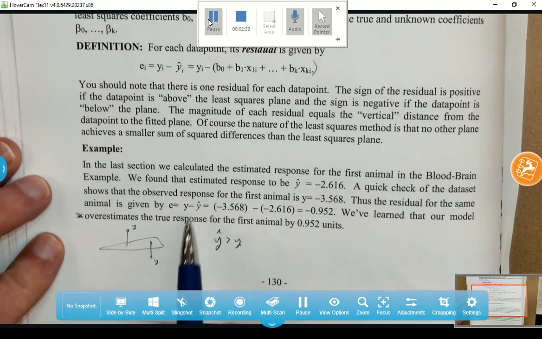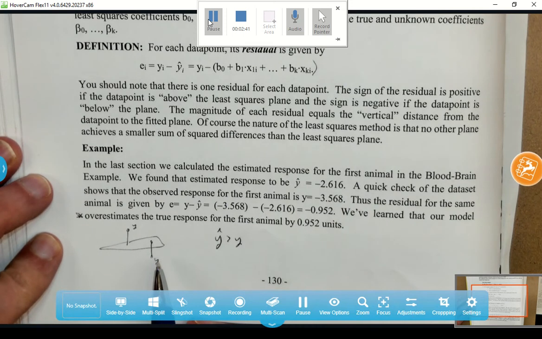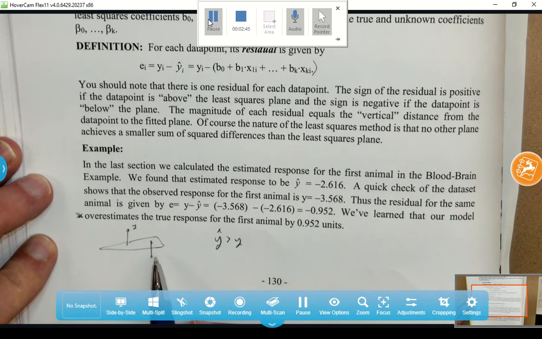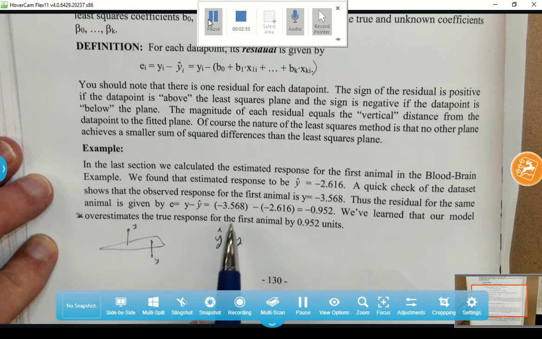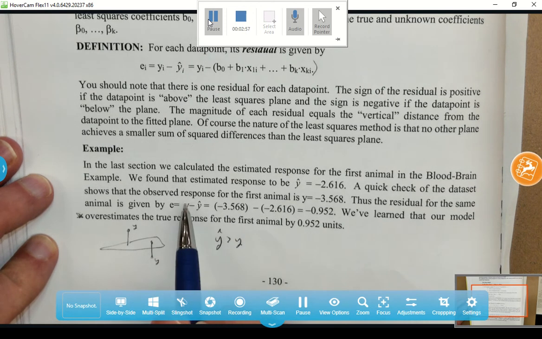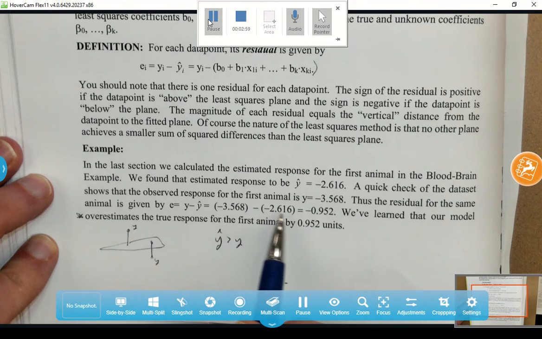If you take a look, here's my little plane. This little observed y is below the plane for y hat. So in this case, the model overestimates. Here my observed value is above, and so the model underestimates. When we take a look at this residual for the blood-brain example, it turns out that our observed response was negative 3.568.